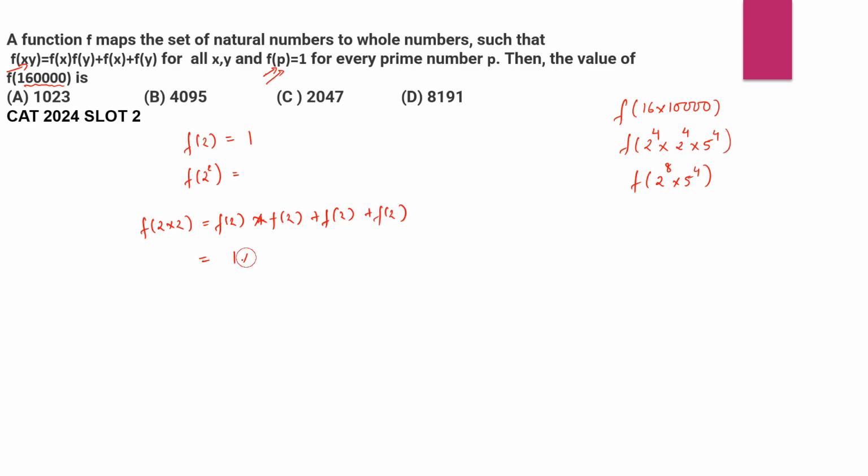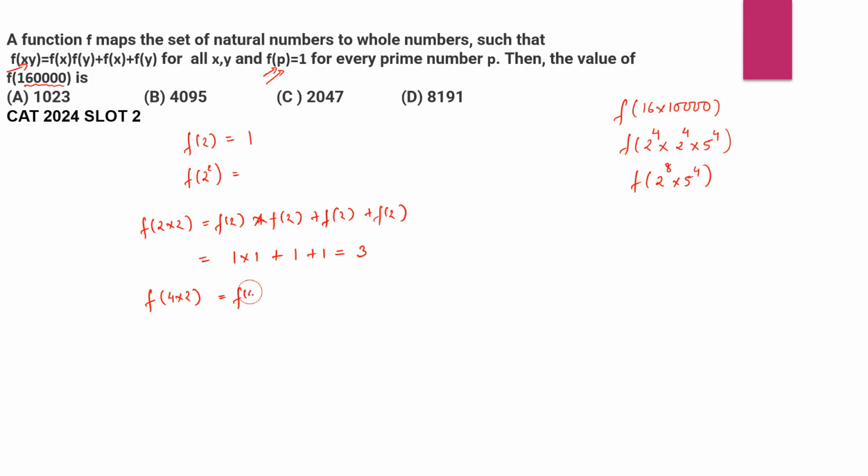What do we get from it? F of 2 was 1. So 1 into 1 plus 1 plus 1. This gives you how much? All the values are positive. So 1 into 1 is 1, plus 1 plus 1 gives you 3. In a similar fashion, if you try to calculate f of 8, it can be written as f of 4 into 2.